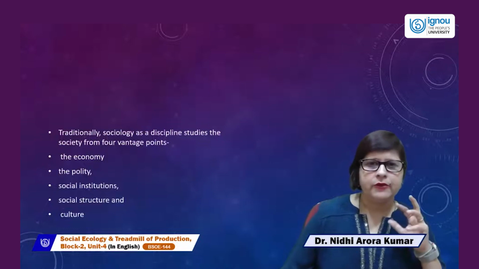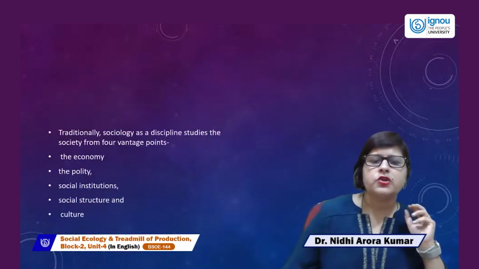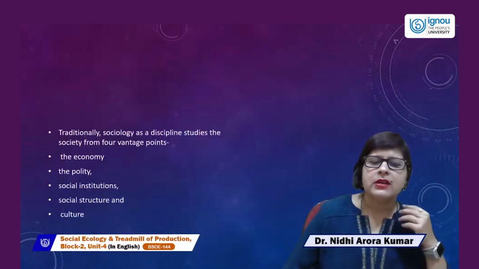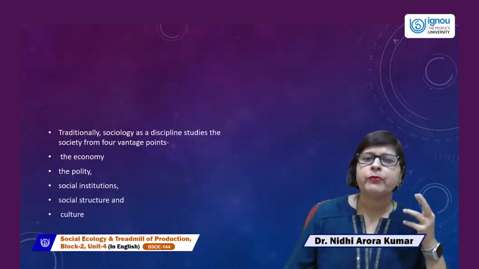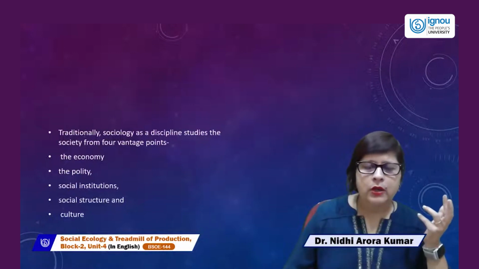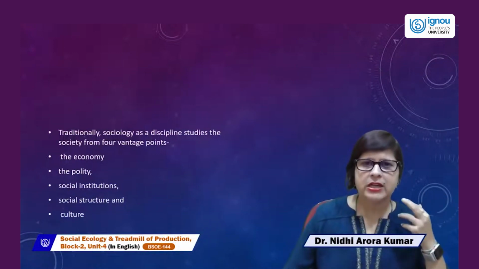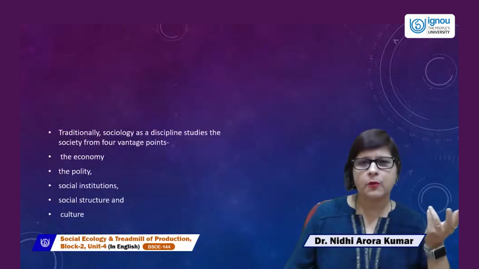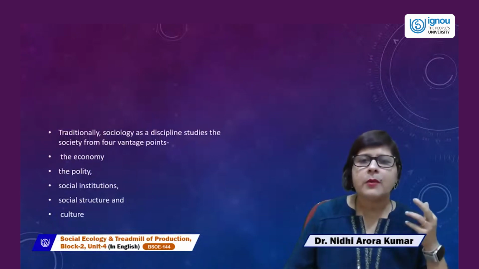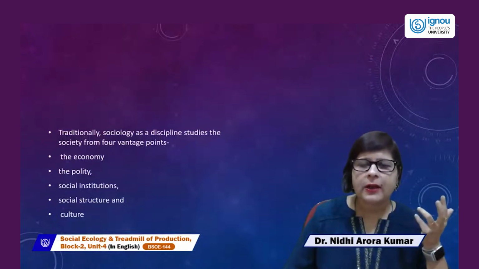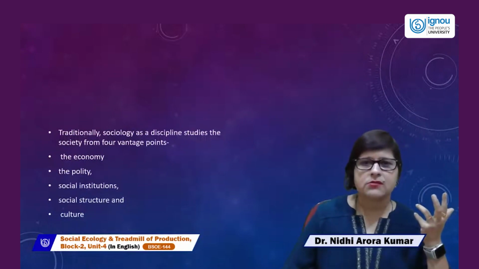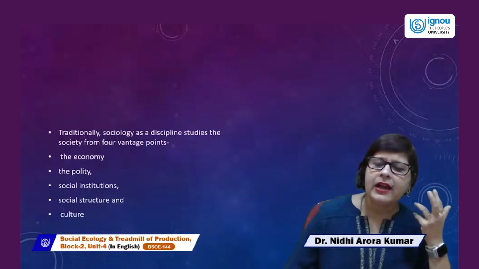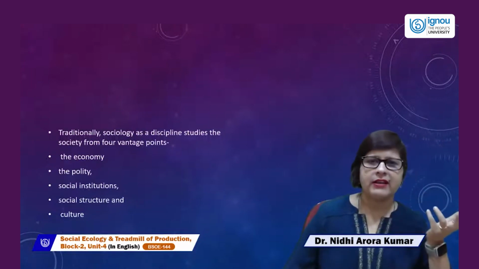Traditionally, the sociology discipline studies society from vantage points like economy. When we talk about society, we talk about the economy of the society, we talk about the politics of the society, then the social institutions of the society, and then the social structure and the culture.